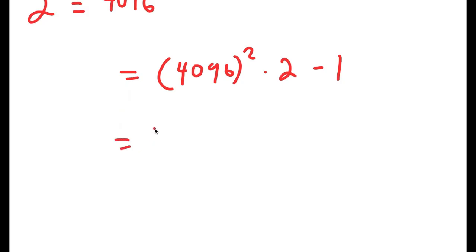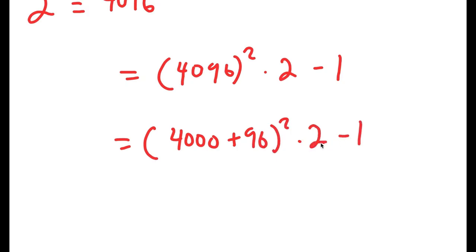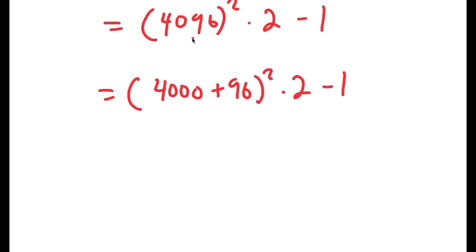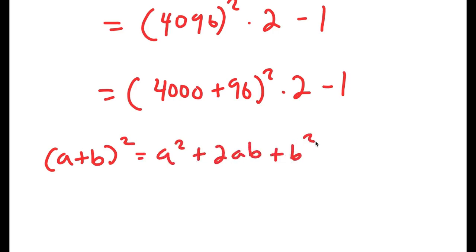Now I'm going to simplify this as 4000 plus 96 squared times 2 minus 1. The reason I'm doing this is because 4096 squared is really hard to calculate by itself. So if we change it to 4000 plus 96 squared, I can use the property a plus b squared is equal to a squared plus 2ab plus b squared.